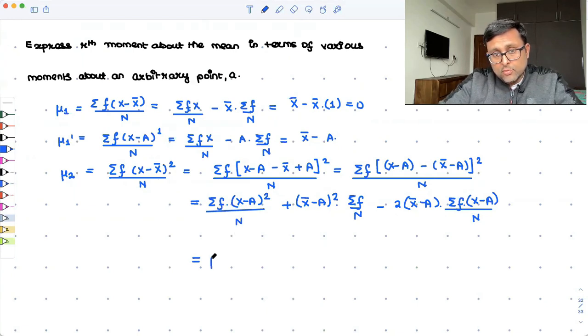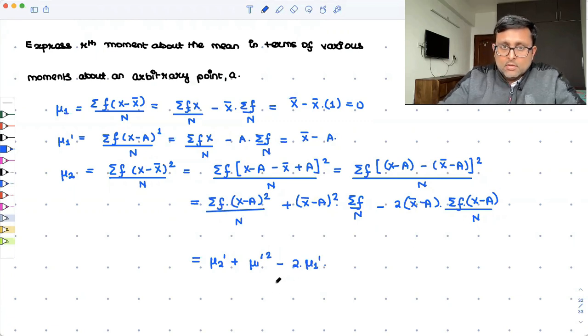So this is the second moment around an arbitrary point, right? x bar minus a is your mu1 dash. So x bar minus a whole square is mu1 dash square, minus 2 into x bar minus a, which is mu1 dash, into summation of f into x minus a upon n.